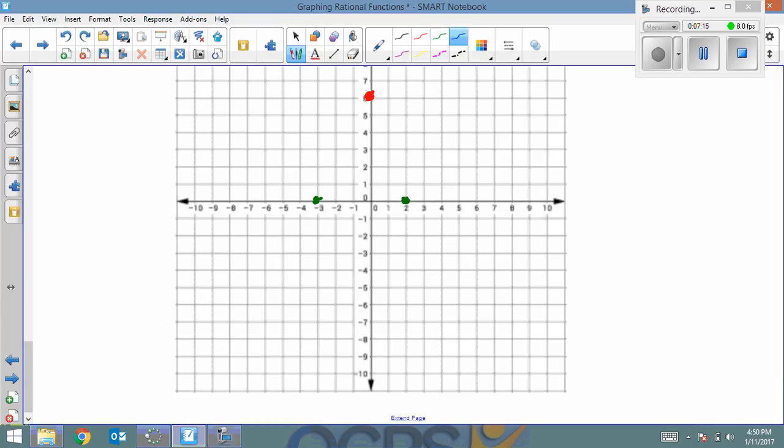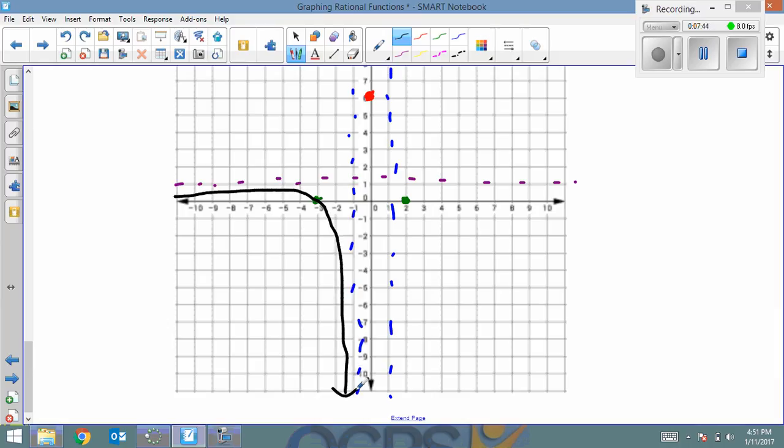Now we graph our vertical lines, x equals 1 and x equals -1. And then we had our horizontal asymptote at y equals 1, which is there. Remember, asymptotes you approach but never touch. So how this works, you hug the line, go through the point, and hug the lines. So it just hugs each line.